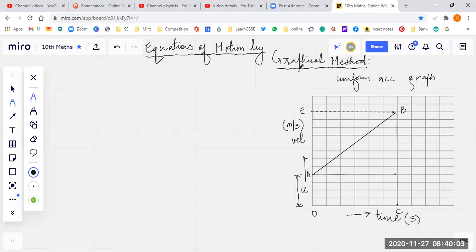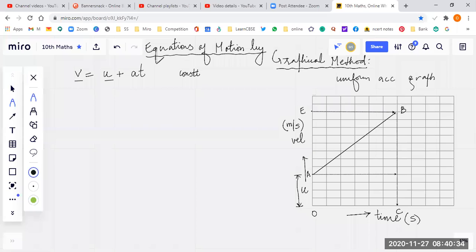The first equation of motion is V. Whenever a body is moving, the final velocity would be initial velocity U plus acceleration A into time t. t is the time in which the velocity changed from U to V with acceleration A. A is the uniform acceleration, that is, A is constant.